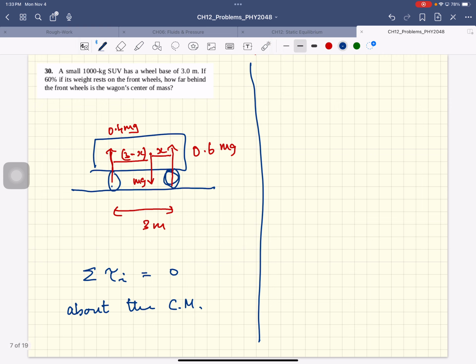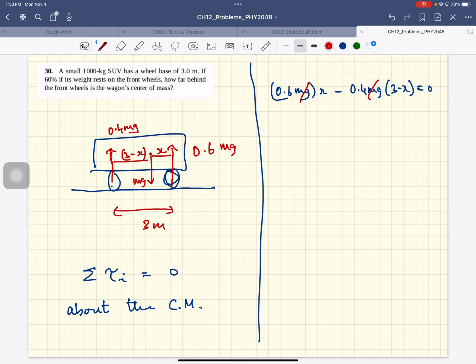All right, so the positive torque is the force 0.6 mg times x, the moment arm, minus 0.4 mg times 3 minus x equal to 0. You can see that mg cancels.